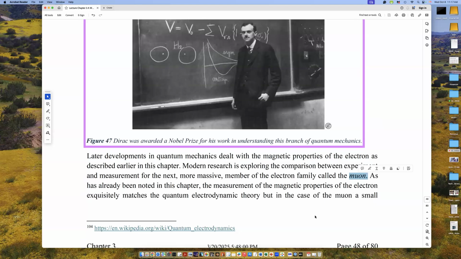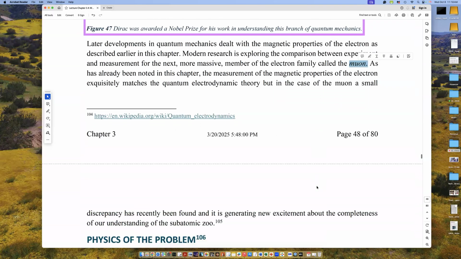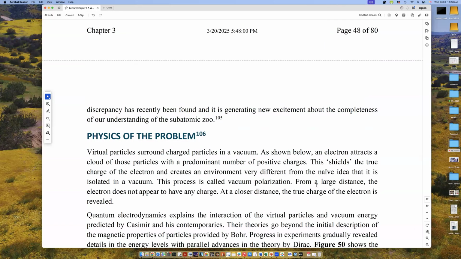This is a massive member of the electron family that we find coming down on us from cosmic rays, high energy particles that strike the atmosphere and produce showers of subatomic particles. Muons and others are found by studying those particles.